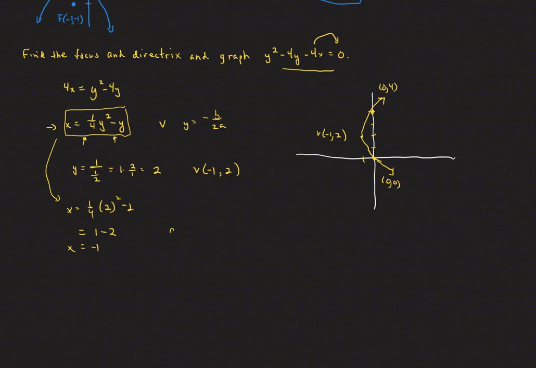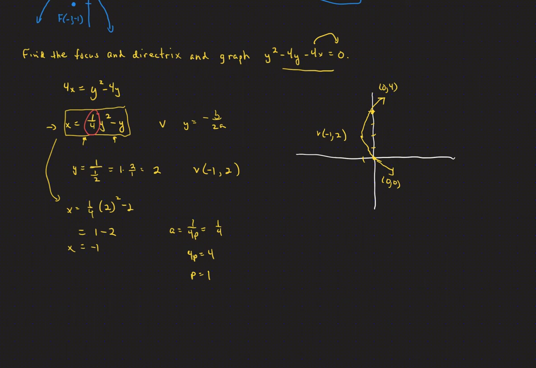Now we know that a is 1 over 4p, and the a is our coefficient of the squared term once we have x by itself. So if we take the reciprocal of both sides, we'll get 4p is equal to 4, so p is equal to 1.